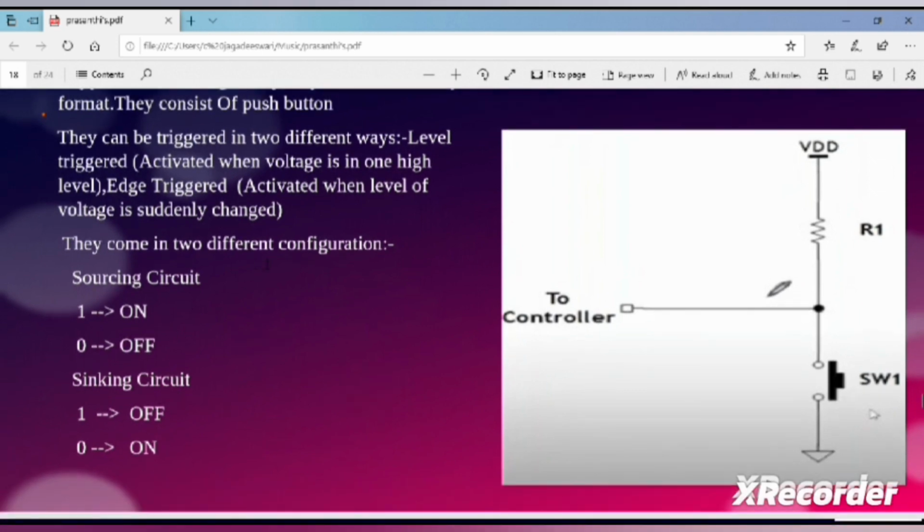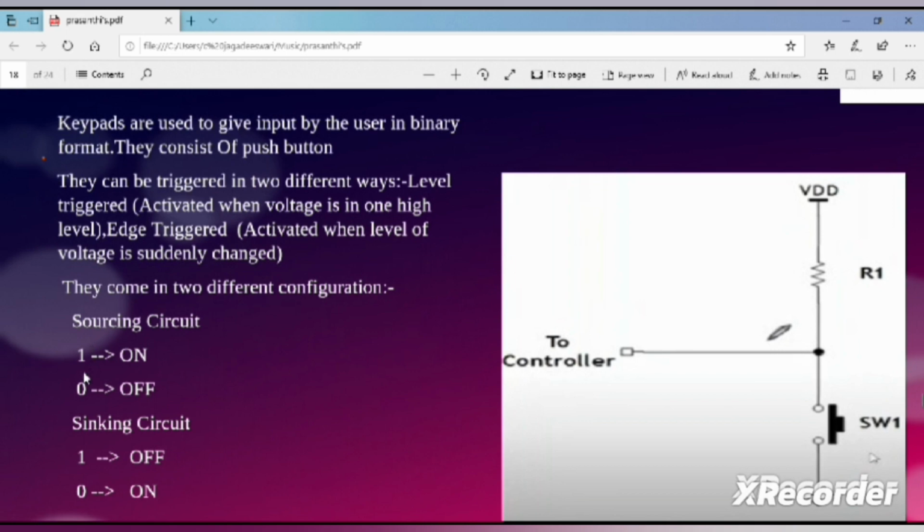They can be in two different configurations, sourcing circuit and sinking circuit. In a sourcing circuit, when the input is 1, the switch is on. When the input is 0, it is off, and in a sinking circuit, when we give 1, it's off and 0, on.